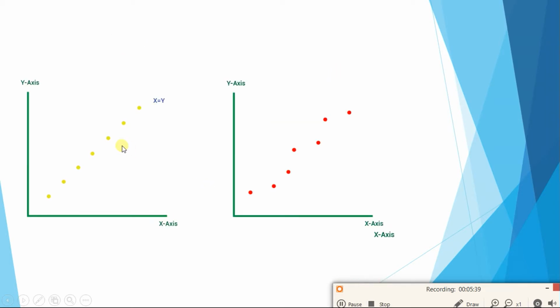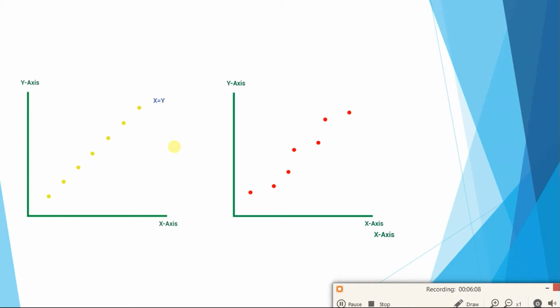If we see both graphs, they are not exactly similar, but they are almost similar. I am telling this example because I want you to understand that when we apply a dimension reduction algorithm, we always lose some information, and how much information we lose depends on how many dimensions we want to decrease.